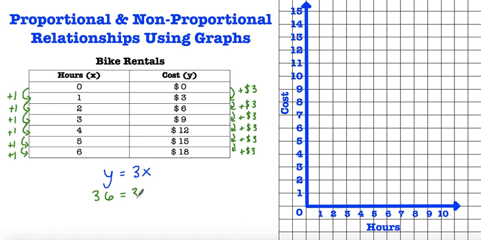And then bring down the 3, and we'd write x because we don't know the number of hours it takes to pay $36. And so we just divide both sides by 3 to solve for x. And then 36 divided by 3 is 12 equals x. So for $36, we could rent a bike for 12 hours.